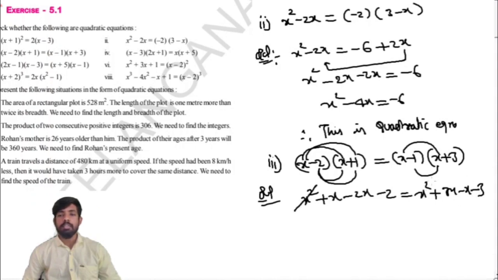The x square terms cancel. Therefore this is a linear form, right? x minus 2x minus x minus 2 equals 3x minus x is 2x minus 3. Therefore this is a linear form.